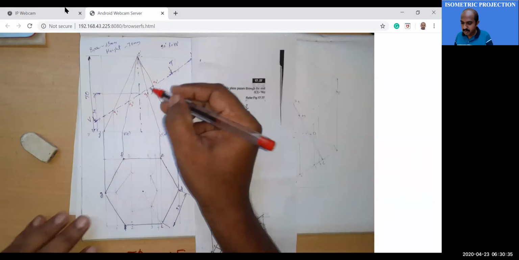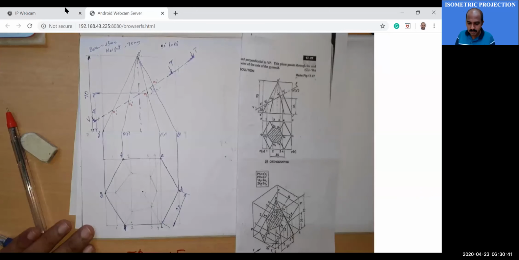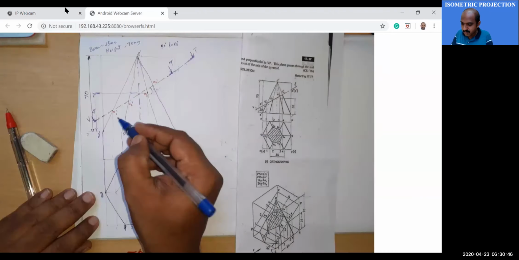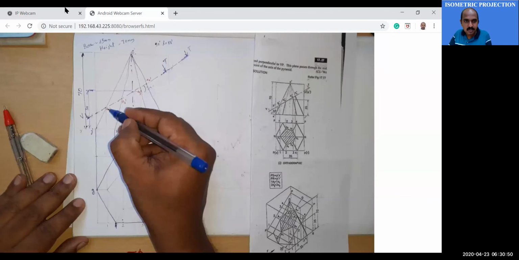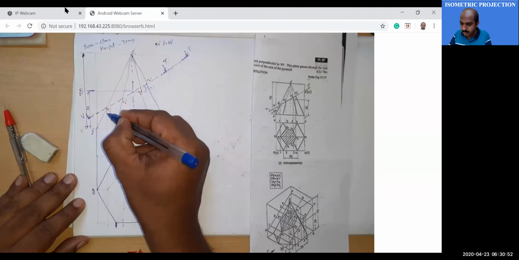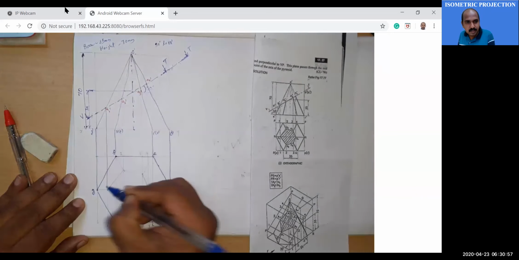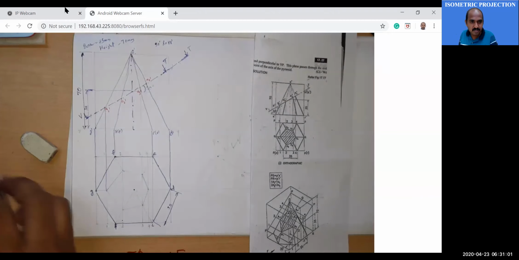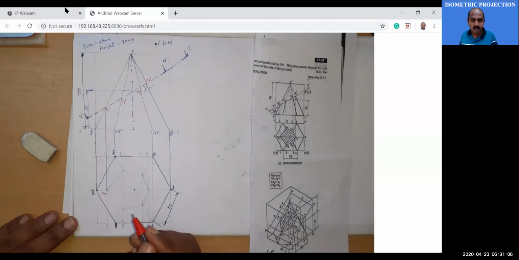From the top view, cutting points, you can connect to the corresponding points in the front view. From A1 dash, you drop a perpendicular. That will meet a horizontal line from G. That point is small a1.